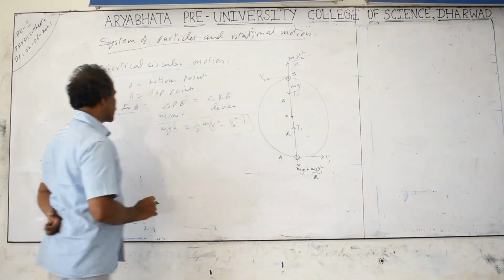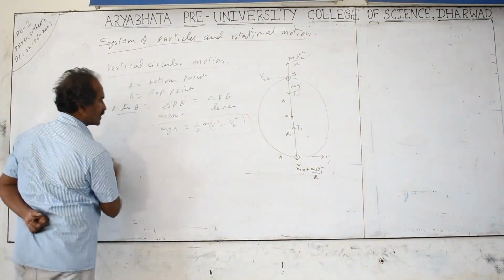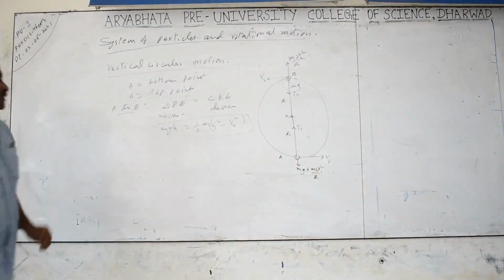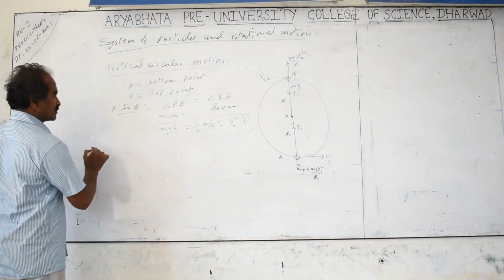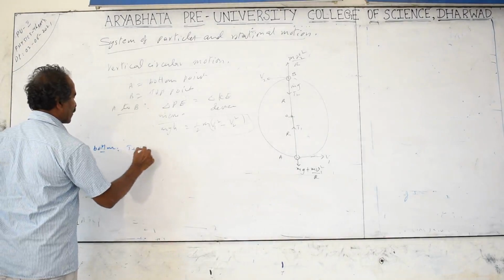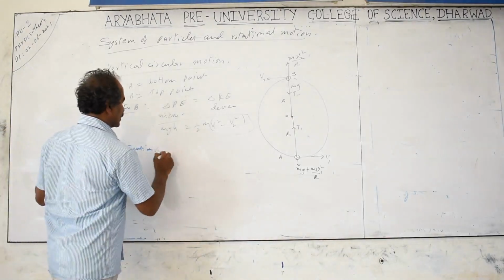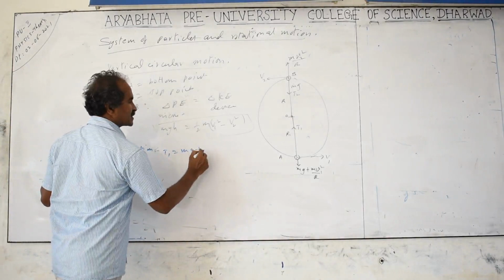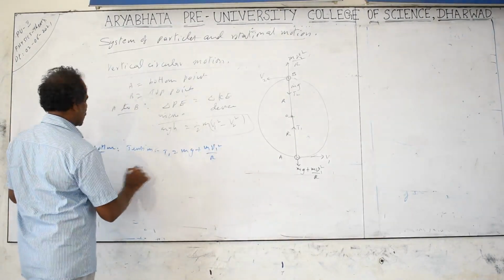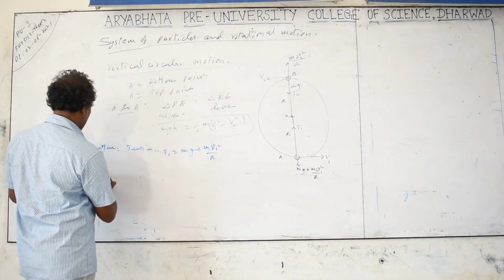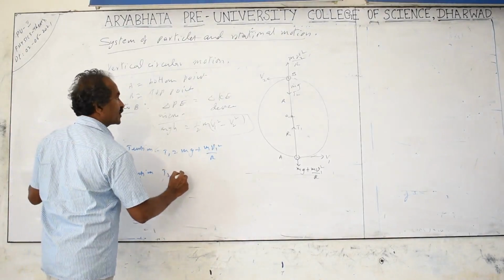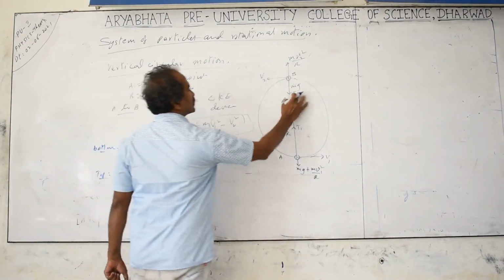At the bottom, the tension itself provides the centripetal force: T1 equals mg plus mv1 squared by r. At the top, the tension is T2.